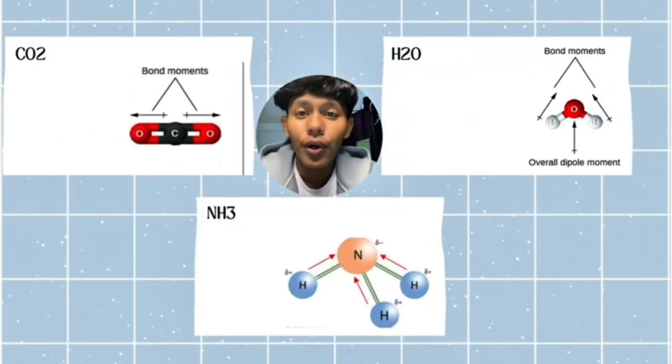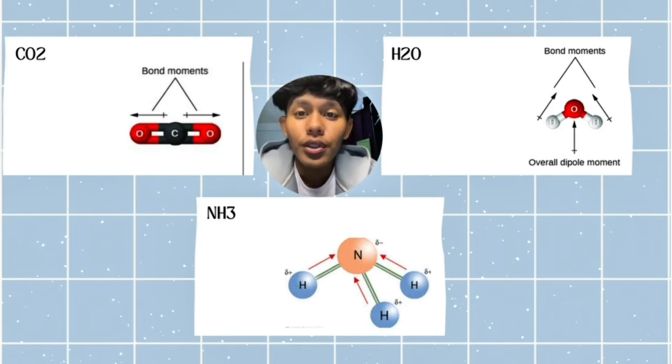This image compares the polarity of CO2, H2O, and NH3 by showing their bond dipoles and overall dipole moments. In CO2, the molecule is linear, so the bond dipoles are equal and opposite, cancelling each other out, making it non-polar.